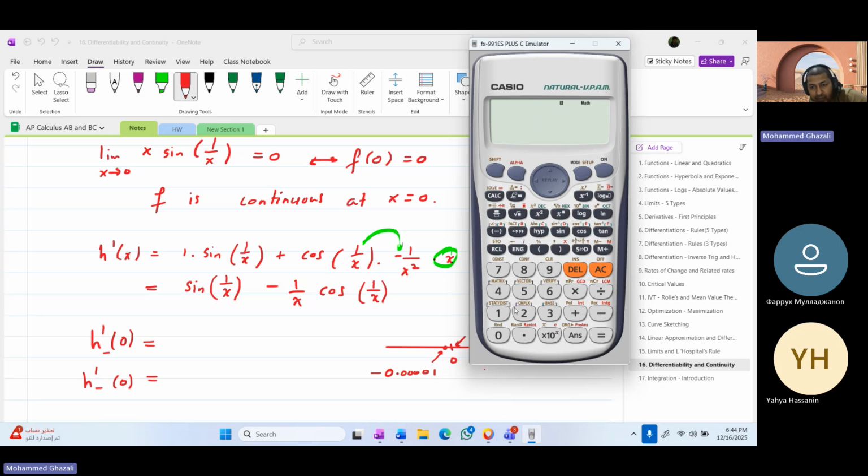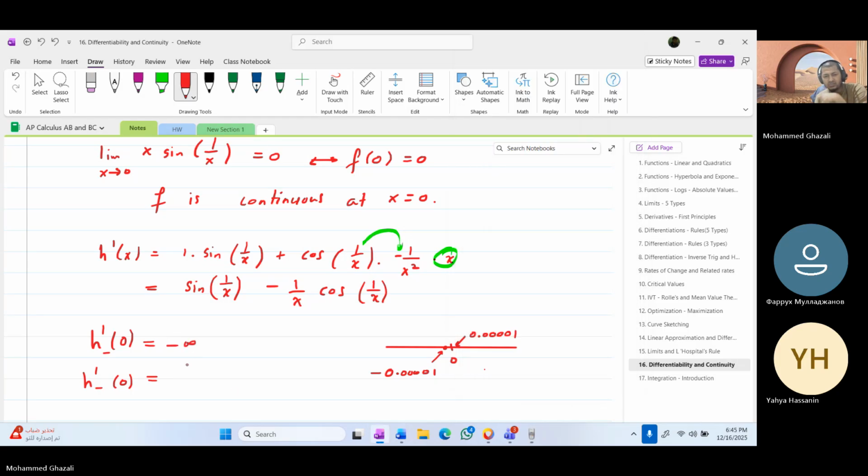Sine of 1 over negative 0.0001, subtract 1 over negative 0.0001 cos 1 over negative 0.0001. 4 zeros and a 1, okay? I'm getting an answer which is negative 999. Are we getting negative infinity there?